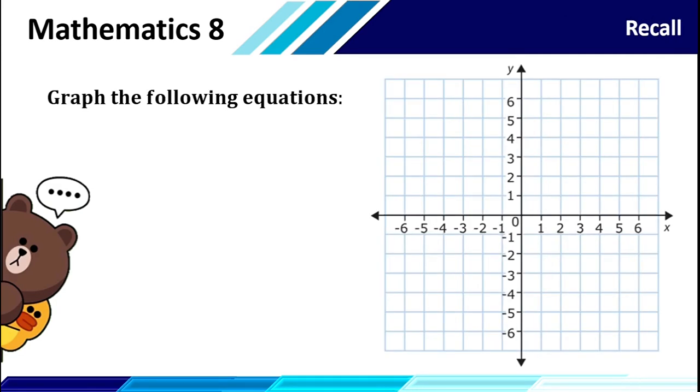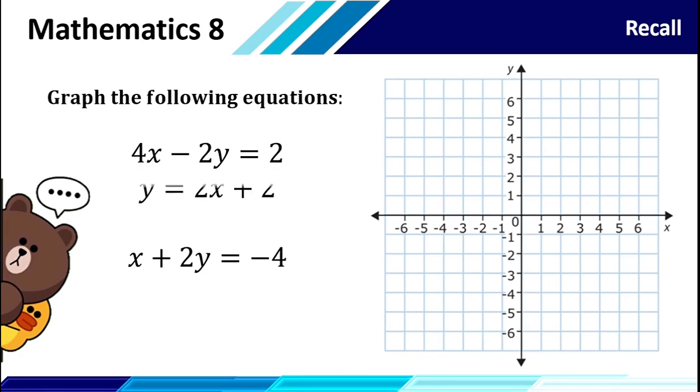Now, let's have another recall. Let's graph the following equations. We have 4x minus 2y equals 2 and x plus 2y equals negative 4. For us to graph these easily, we can use the slope-intercept form. When we convert the first equation, we will have y equals 2x plus 2.